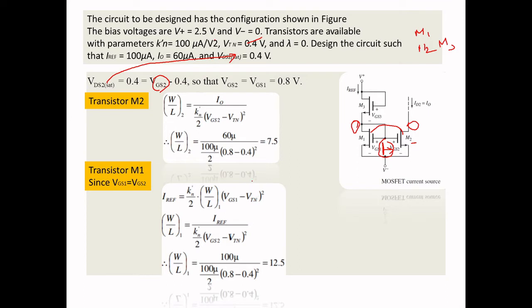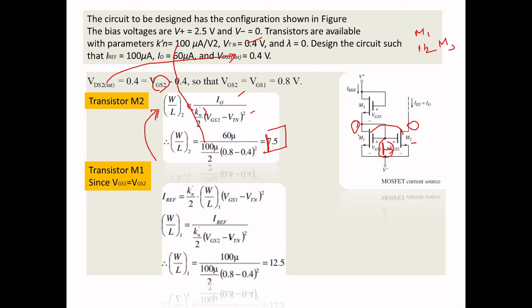When you rewrite in terms of width by length ratio, you will get this equation. So I naught, which is given in the problem, 60 microamps, divided by Kn dash, also given in the problem. When you solve, you will get 7.5.